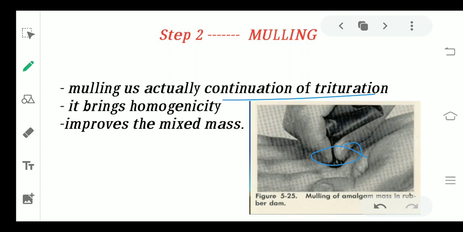It also improves the quality of the mixed mass, and homogeneity is achieved.